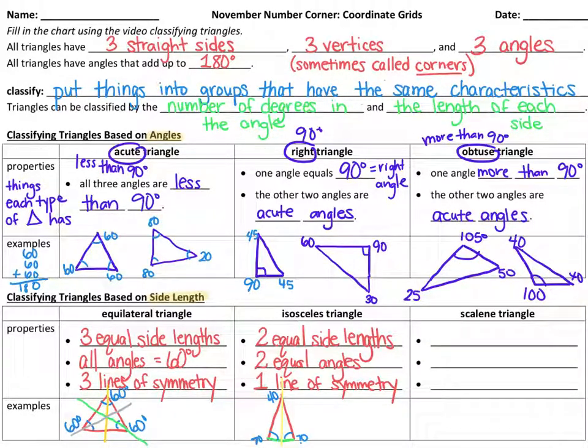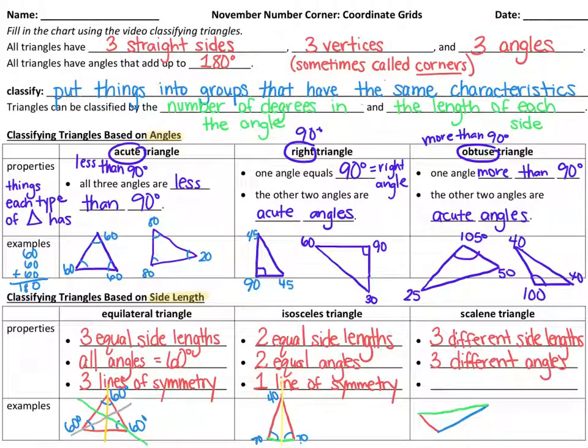A scalene triangle has 3 different side lengths. So one may be this long, one may be really long, and the other one may be this long. They're all different lengths. In a scalene triangle, the angles are not equal.